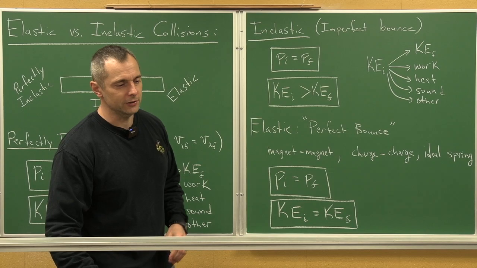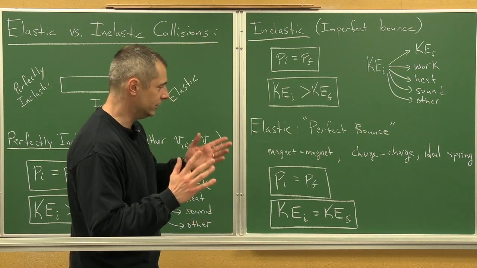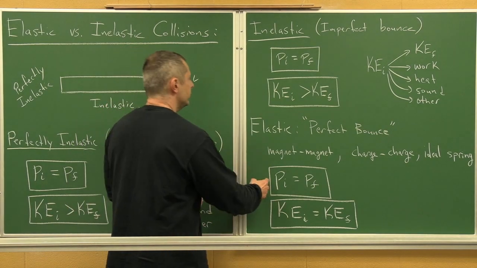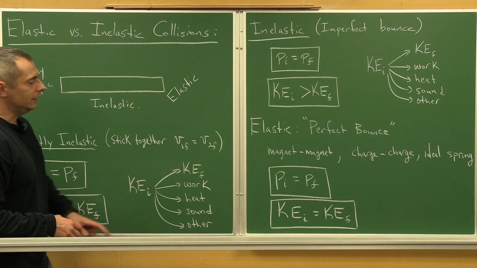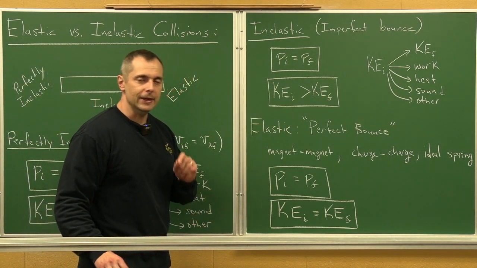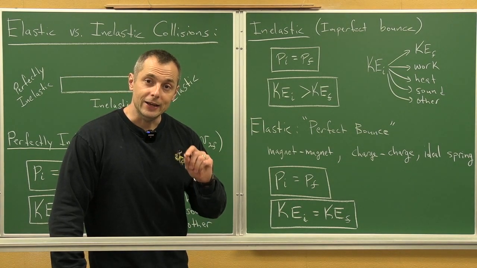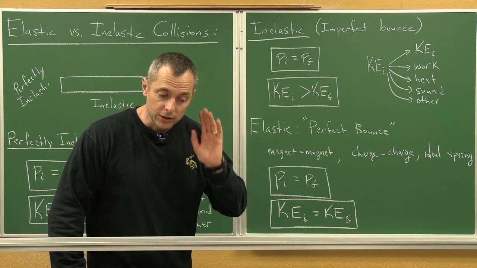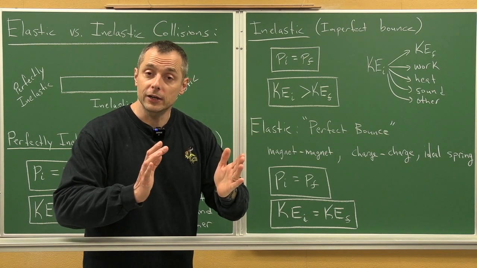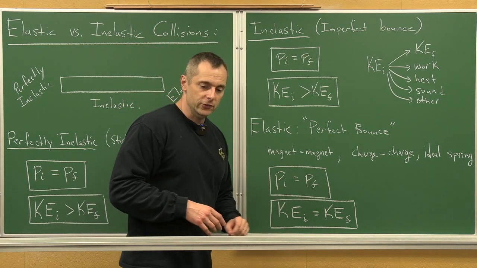No such thing, but this kind of magical spring that never loses energy, never creates any heat or anything like that. Pi is still equal to Pf, like all the other kinds of collisions. The difference is kinetic energy initial equals kinetic energy final. No other energies produced. Sound, you shouldn't hear the collision. They shouldn't collide and dent each other's the objects. All of the energy stays as kinetic.